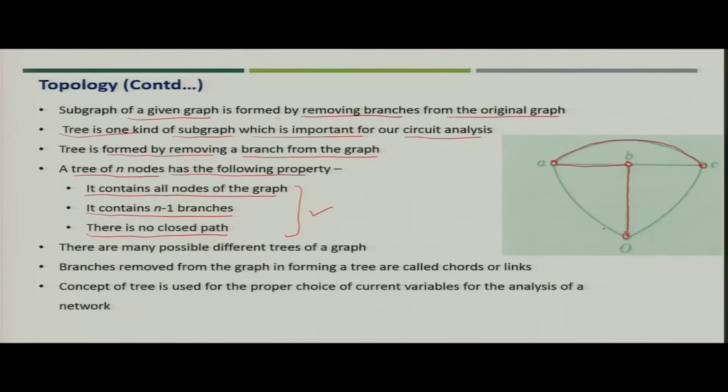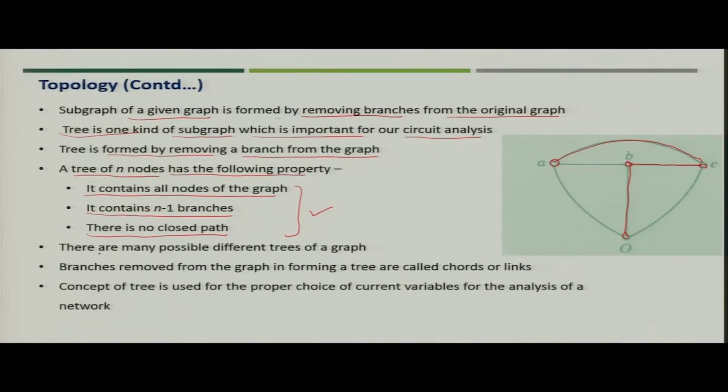In this case also, all the nodes have been traced, but there is no closed loop. Or similarly, you can connect through some other fashion like this, and that is again a tree.